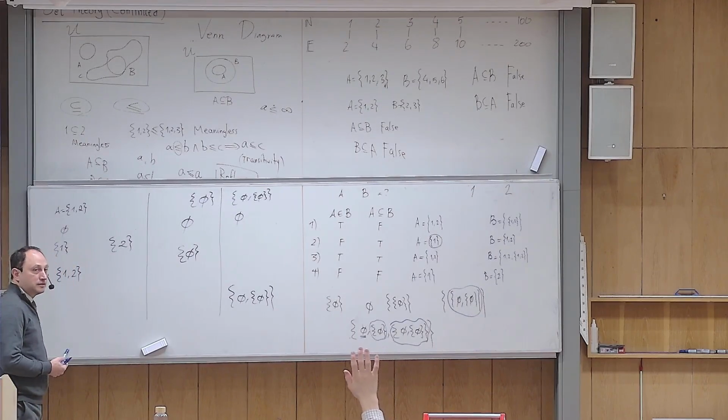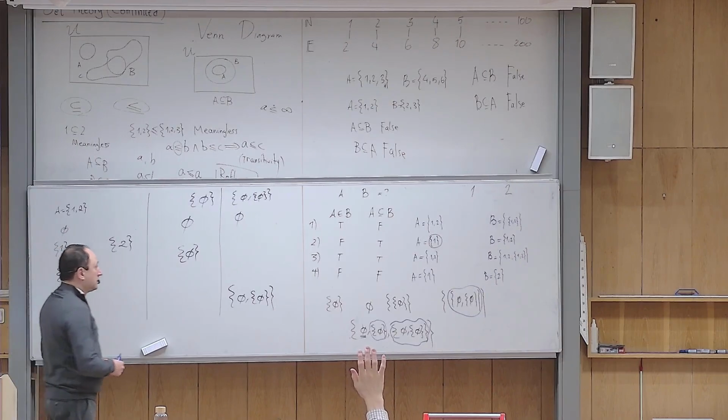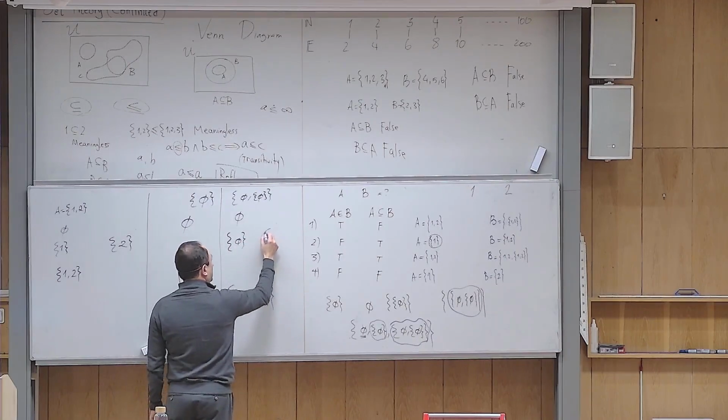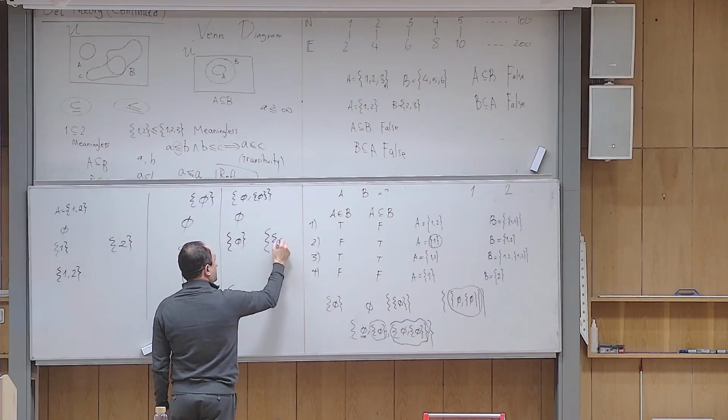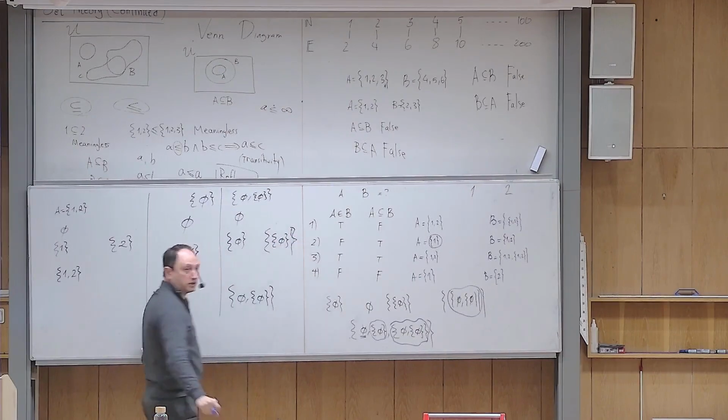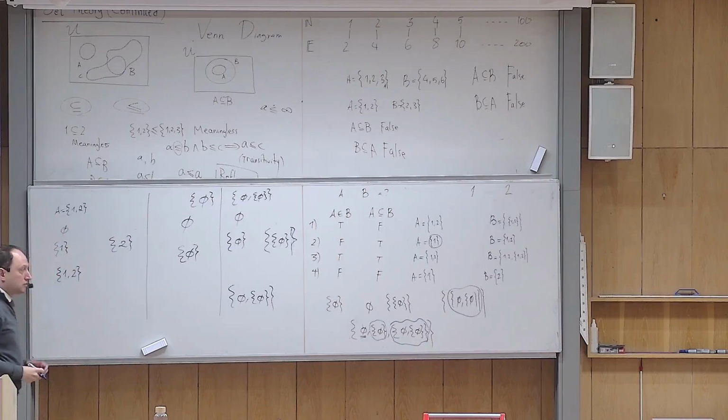Yes, Hussein? Curly brackets, curly brackets, curly brackets. Yes, curly brackets, empty, and then curly brackets, empty. These are the only ones. So these are the only subsets of this set.